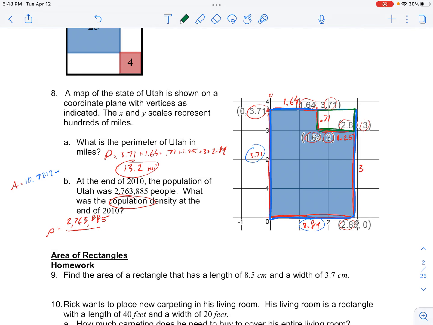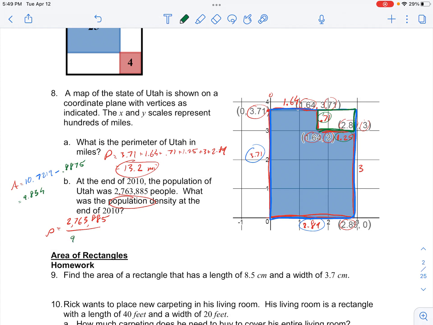So subtracting that little portion in green, that's given by side length of 0.71 times 1.25, which is 0.8875. So our area of Utah will be 9.834. Let's round it to the thousandth.